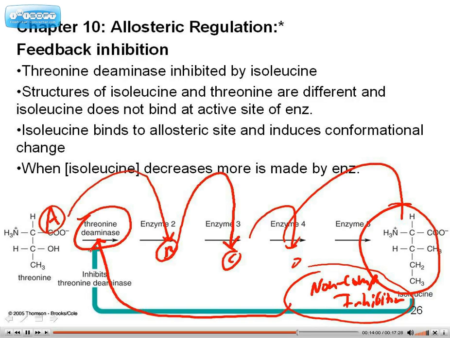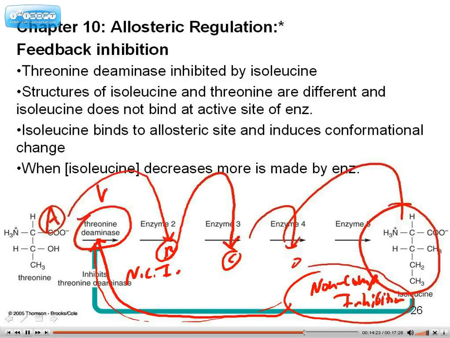So what happens is, as isoleucine increases in concentration, we need a way of cutting down the amount of products that are produced because maybe they're not being used. One way to do that is to take those excess products and have them used as non-competitive inhibitors.